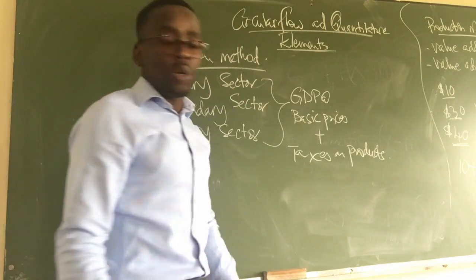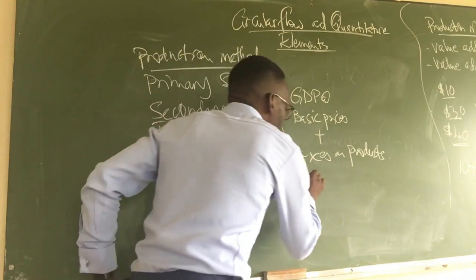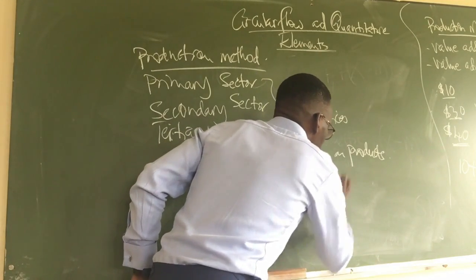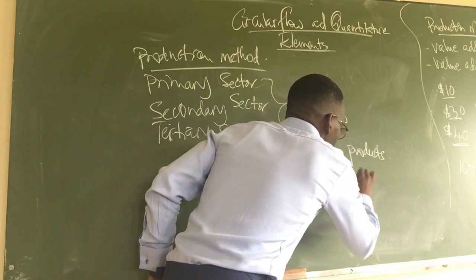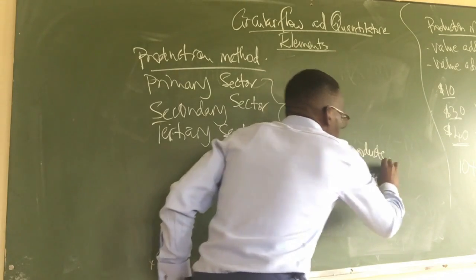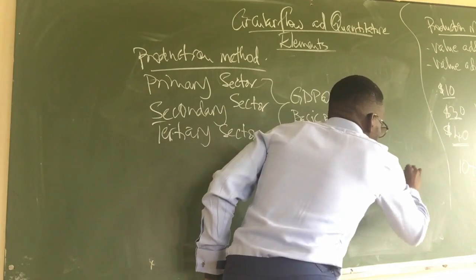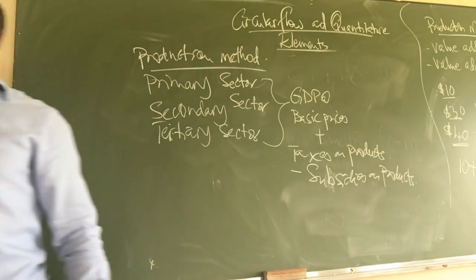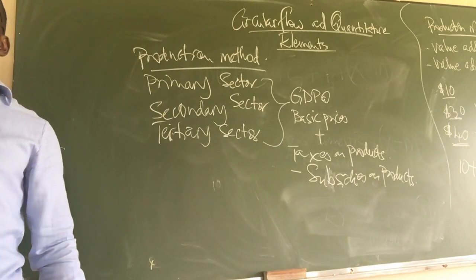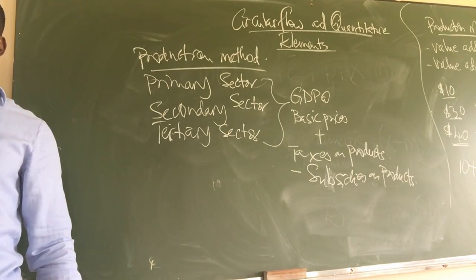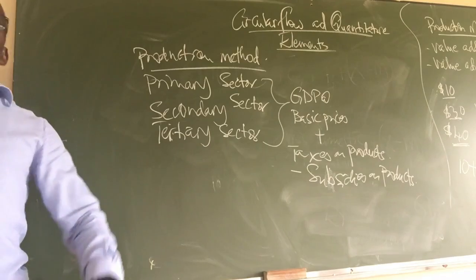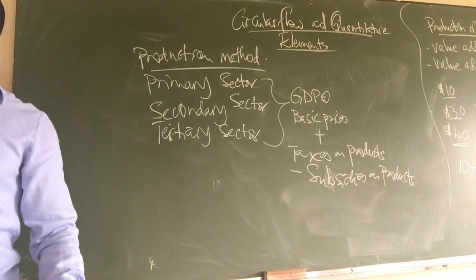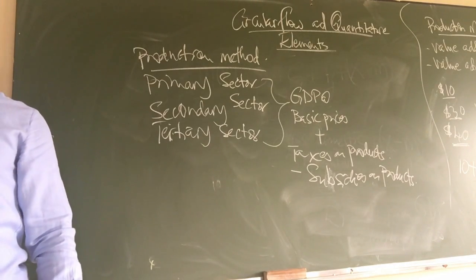So add taxes on products, and then we are going to subtract subsidies on products. Why are we subtracting subsidies on products? Because the subsidies on products, they reduce the value of goods on the market.